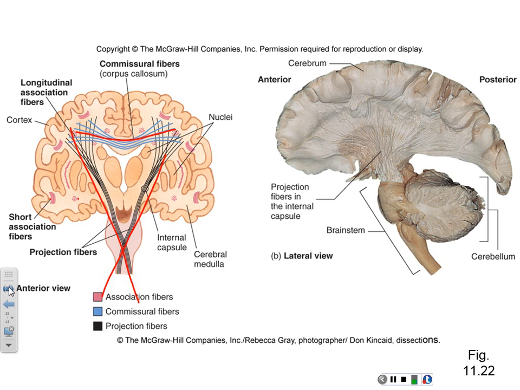Some of them are really short, you know what I'm saying? These ones are kind of going that way, so that's why you see the dots of those fibers. So association fibers connect different parts of the same hemisphere. Do you see the tracts I was talking about? On the cortex, the cerebral cortex is about 5 millimeters thick, and that's where about 75% of all the neurons in the nervous system are packed.